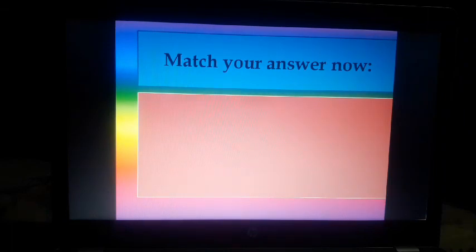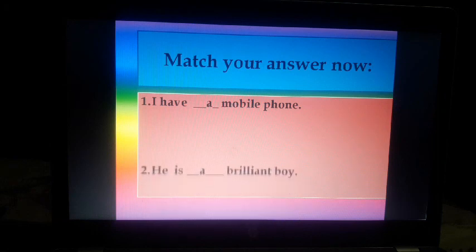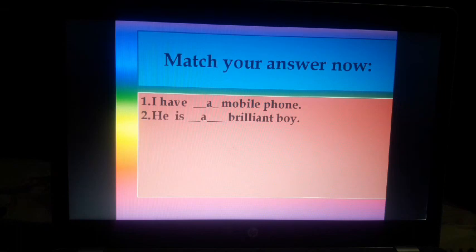What was the first sentence? I have a mobile phone. What will you use as the article? A. Why? Because the noun mobile starts with the consonant letter M. Second one, he is a brilliant student.